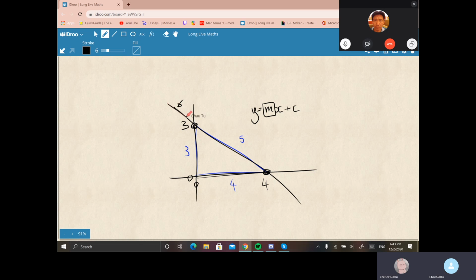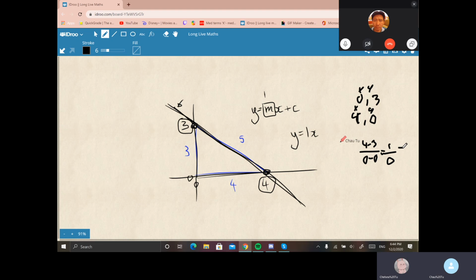I want you to draw a straight line in Desmos where it goes through 3 and through 4. The gradient is 1. No, it's not.